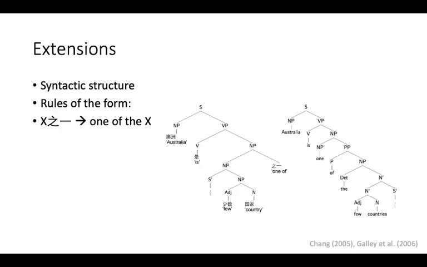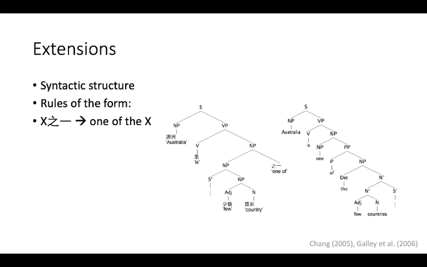And we can also use some syntactic rules like tree structure. For example, if you observe that a sentence can be decomposed in a constituency tree like this, and we observe that a noun phrase is usually followed by GE here, meaning one of, you can extract some rules like the noun followed by GE can be simplified as X GE, which can be translated to one of the X. And you can replace this X by any noun phrase.